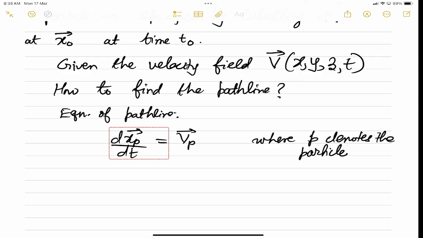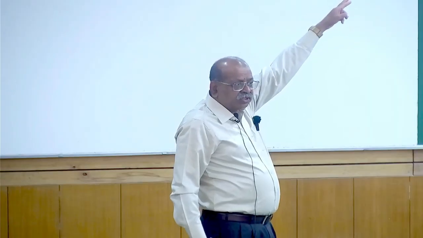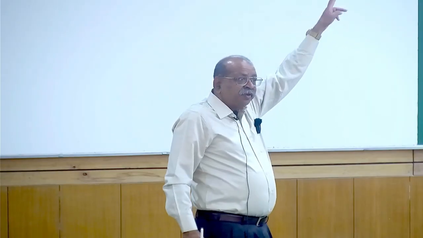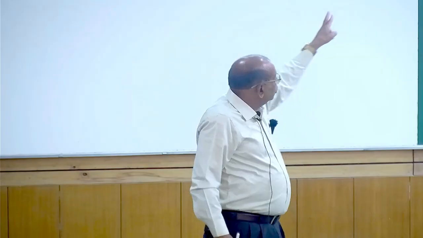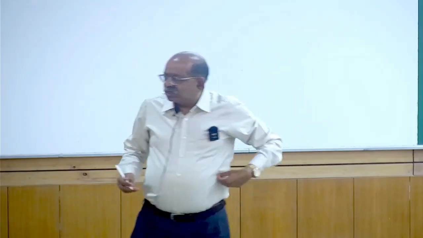So equation of the path line is very clear. dxp by dt is equal to Vp. But now we have to relate Vp to V, because what is given to us is the velocity field V vector, not Vp as such.